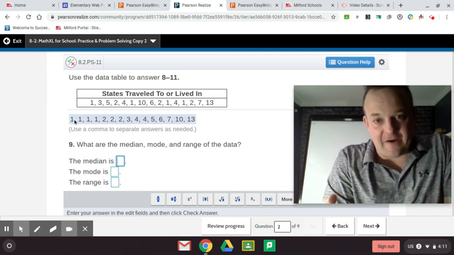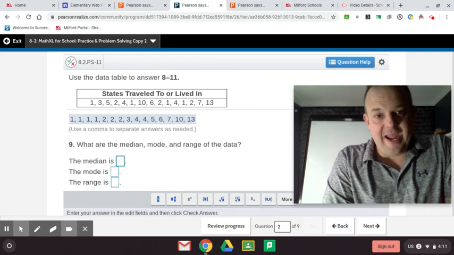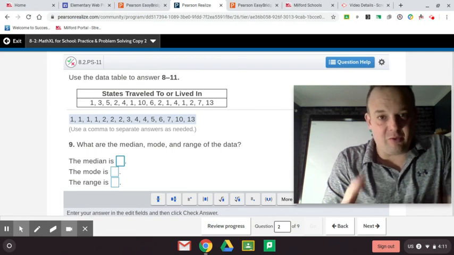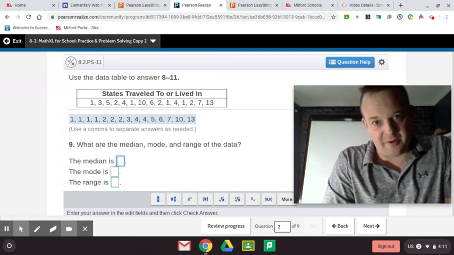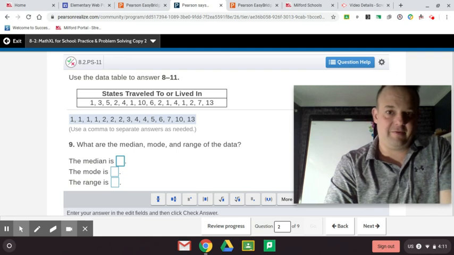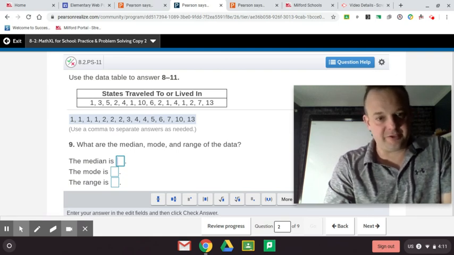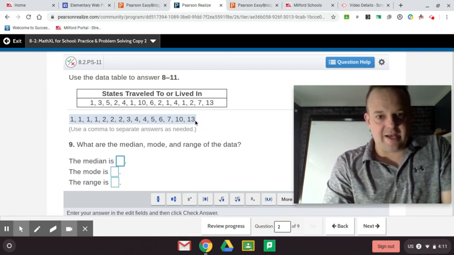We have 15 now. 15 is an odd number. In an odd number data set, you'll end up with one number in the middle. If it were an even number of data set, you would add up those two numbers and divide by 2, finding the mean of the two middle numbers. So let's do that now.